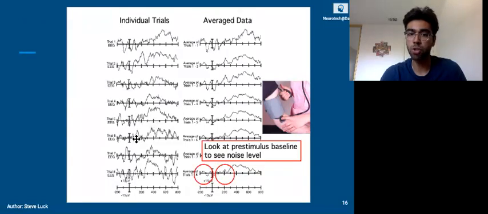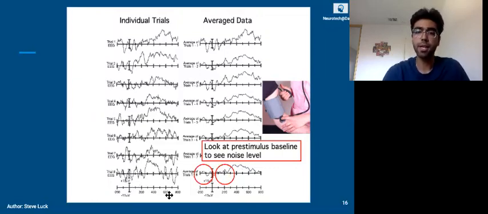You see a lot more jagged bumps in the individual trials, whereas in the average one it's a lot smoother, and the pattern becomes a lot more discernible until you get to the last one, where you see that sustained level of activity from almost 300 milliseconds to about 600 milliseconds, compared to the individual ones where you saw a lot of activity and it was hard to even find a pattern.